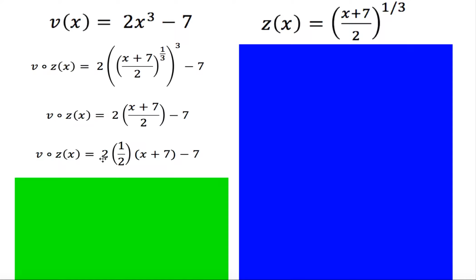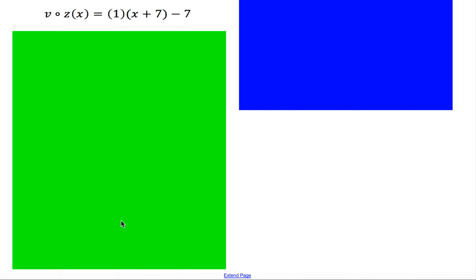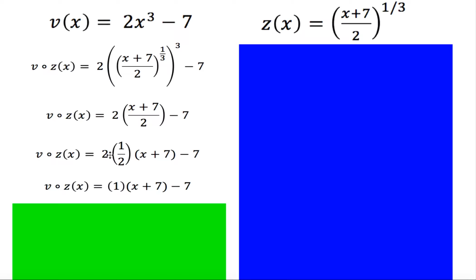Well, if we recall, 2 and 1/2 are reciprocals, which means that when we multiply them, they are going to give us our identity, which is 1, because they are inverses. So 2 times 1/2 is going to give us 1.